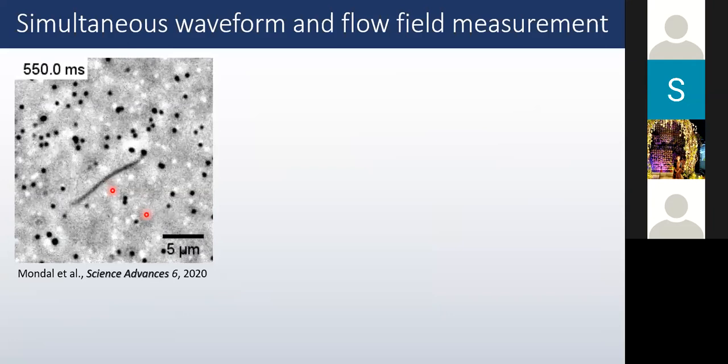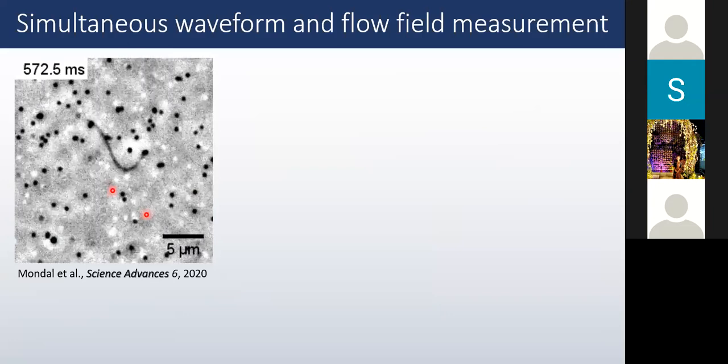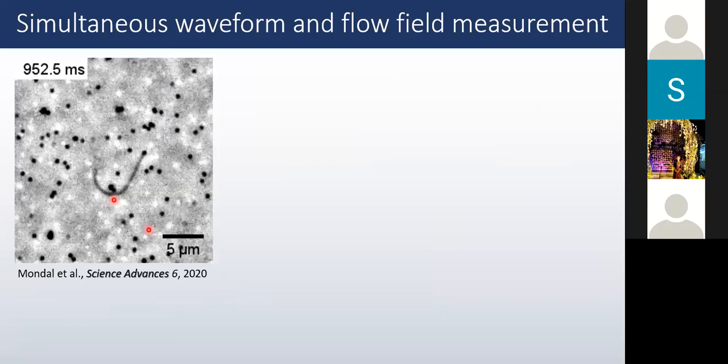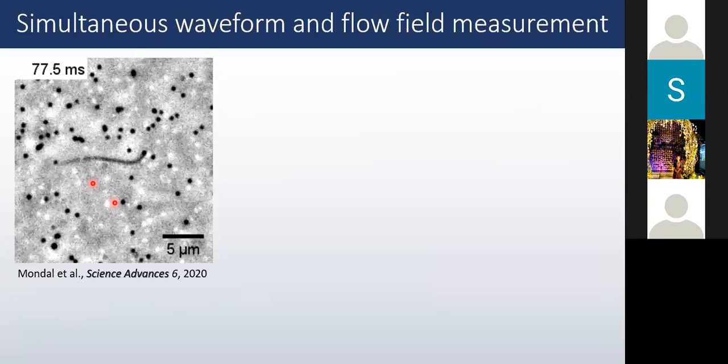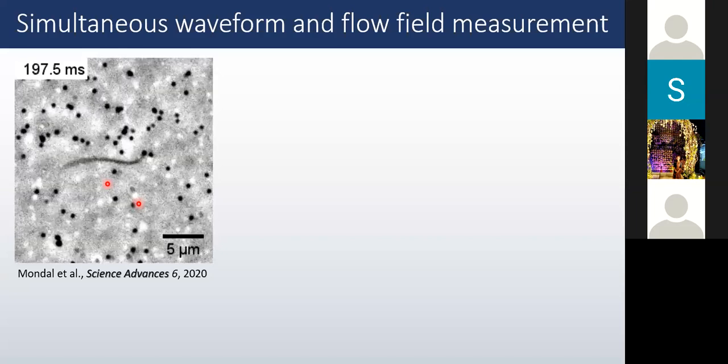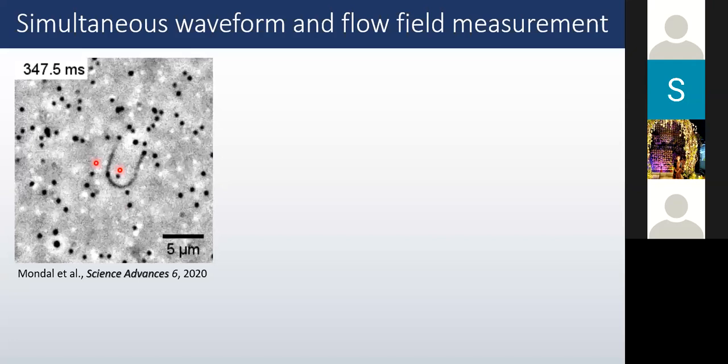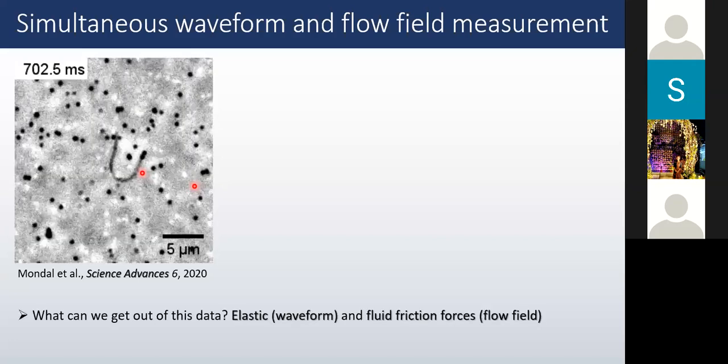The disturbance caused in the fluid due to the motion of the cilium is called the flow field. Now, fluid is transparent. If I were not giving these black traces, I would not see how the fluid is actually moving. So for observing the fluid velocity, I put in the passive tracers, I track them. And when I track them, I already said, what can we get out of this data? We can get the elastic term from the waveform and the fluid friction term from the flow field.